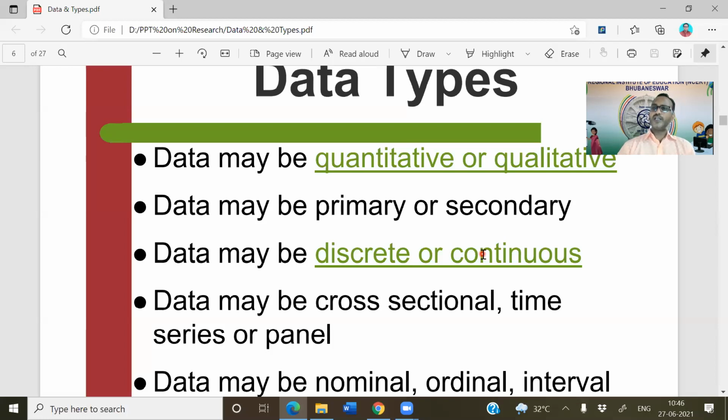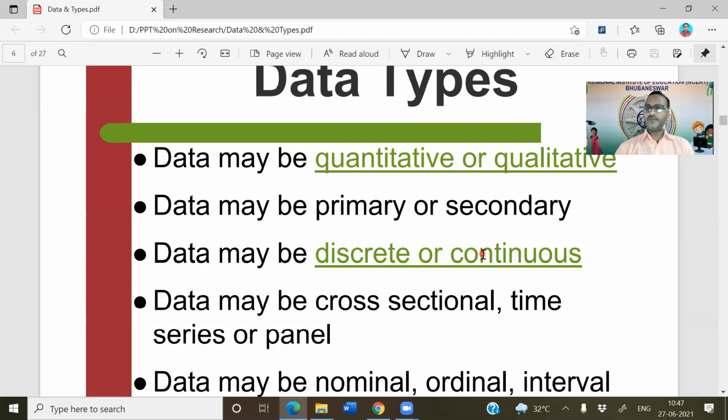These are also known as metric data, data that can be utilized for all arithmetic and mathematical operations. Quantitative data are measured data. All mathematical, arithmetical operations you can do with quantitative data.